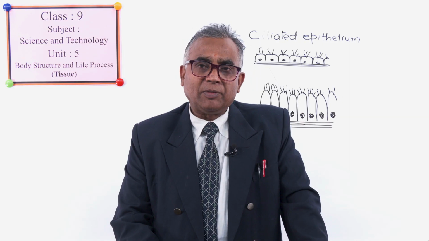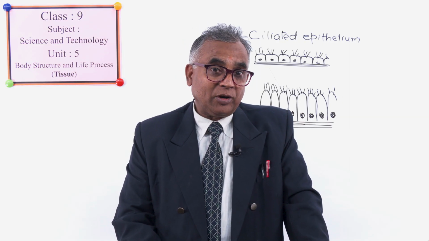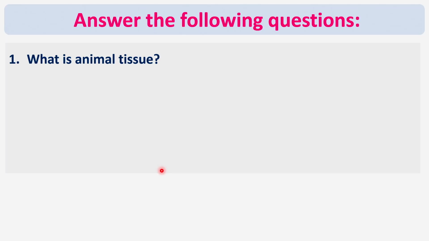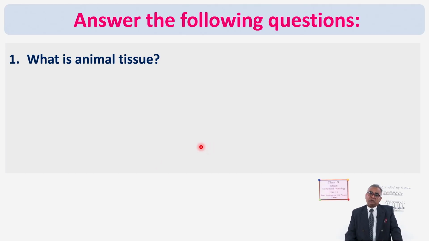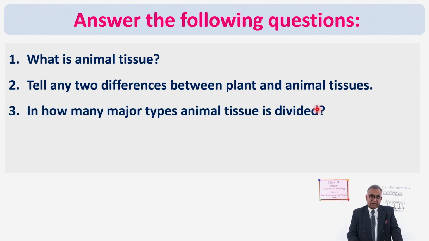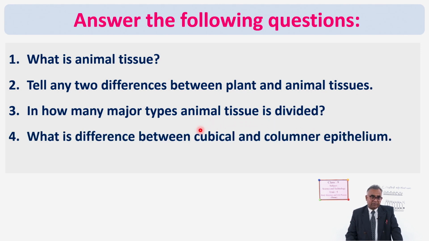So, if we have finished epithelial tissue, let's see what you have learned. I am asking some questions to you. What is animal tissue? Very simply you have defined it. Tell any two differences between plant and animal tissues. That also can be given. In how many major types is animal tissue divided? Four types, you know it.